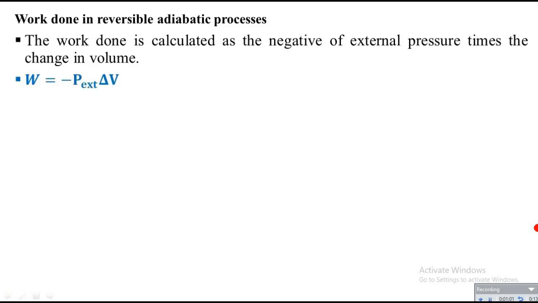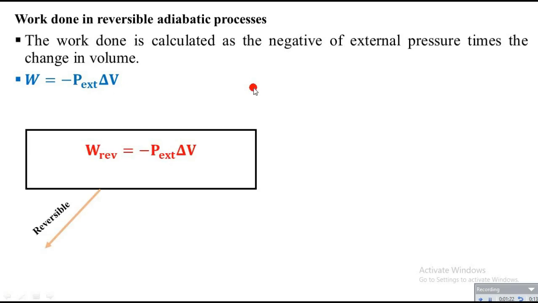What are the formulas that are used to calculate the work done for a reversible adiabatic process? Remember, the general formula for the work done is equal to minus the external pressure times the change in volume. And if you remember, we have seen that a reversible process is a process which is occurring slowly. The external pressure does not differ much from the pressure of the system, the internal pressure.